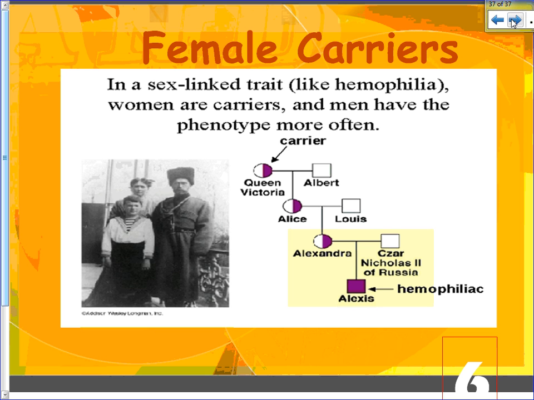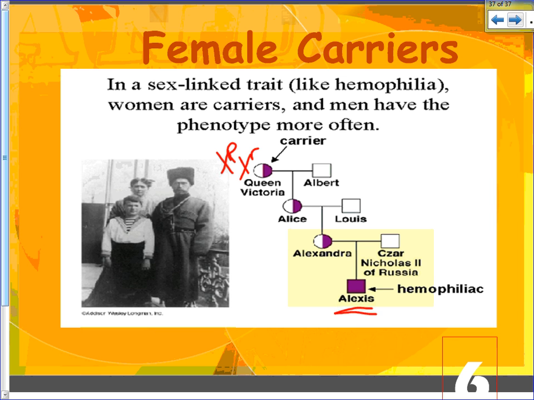And the one thing that we find is that oftentimes females are carriers. Queen Victoria here for hemophilia would have been a carrier. A carrier means that they do not exhibit the trait in question or the disease in question, but they do carry an allele that could possibly transmit it to their offspring.